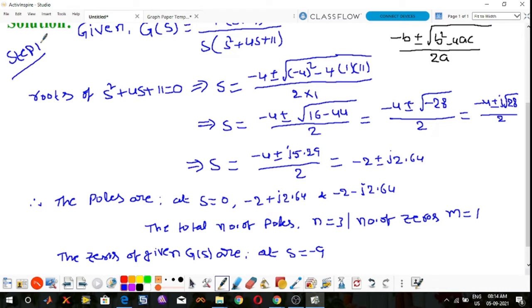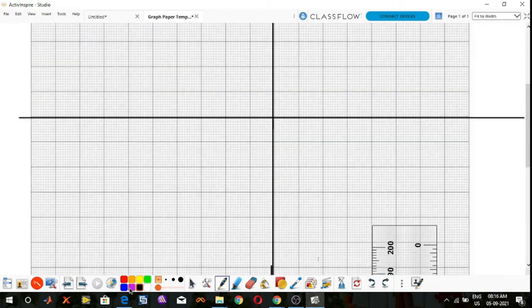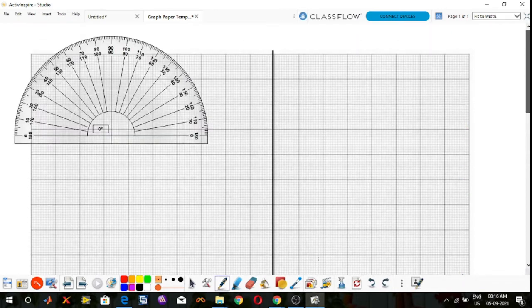Step 1: on an ordinary graph sheet, locate poles and zeros. This is the ordinary graph sheet for the s-plane, s = sigma + j omega. The x-axis is the real part of s, that is sigma, and the y-axis is the imaginary part.